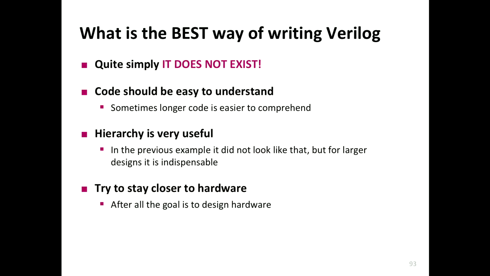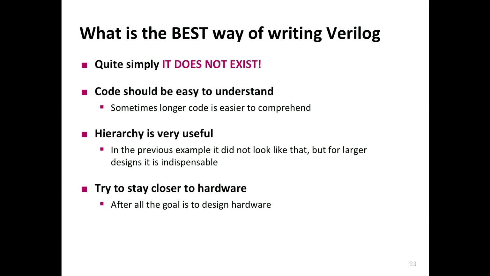Okay, what is the best way of writing Verilog? It does not exist. So it's up to you, but there are some good practices as I mentioned before. Easy to understand. And hierarchy is useful. What is hierarchy? Remember the first example of 2 small modules and a top module? The small module and the top module, where we instantiated the small module twice.